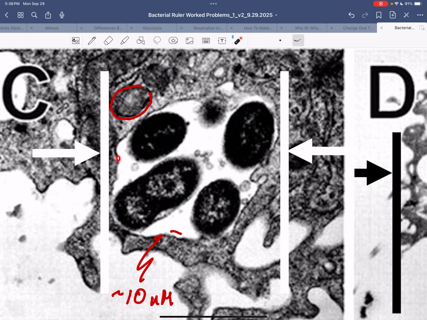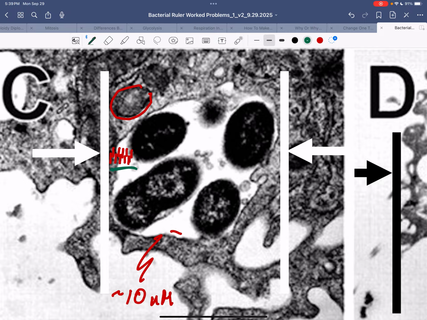But that's a membrane. So let me put some red bars here to represent about the thickness of the membrane. I'll offset them slightly so that we can count them. And what I've got here is about 10.